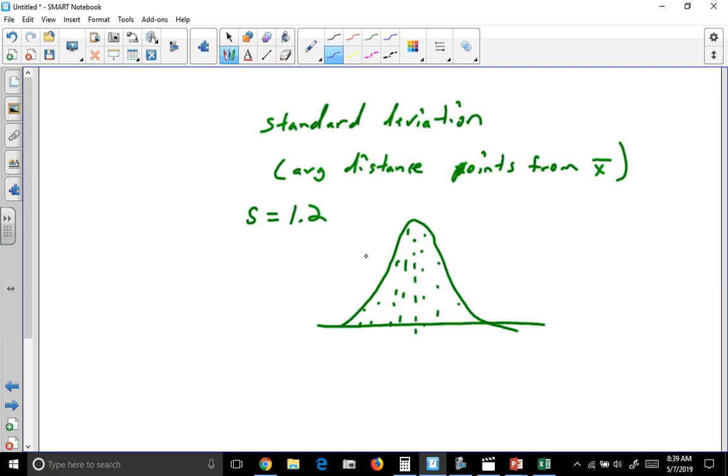But if we have a larger standard deviation, that means our data is more spread out. We still have the same average, perhaps, but our data might be farther apart.